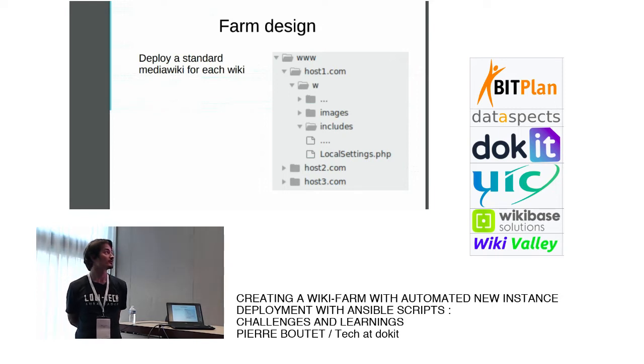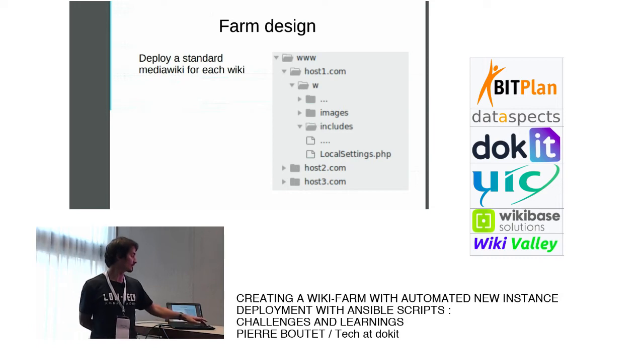This is quite simple. This is feasible with almost every tool for automating configuration. But it will be a little heavy to load. We have to deploy a MediaWiki for each directory, and it will take some disk space, and it will be a little long to maintain and update, etc.